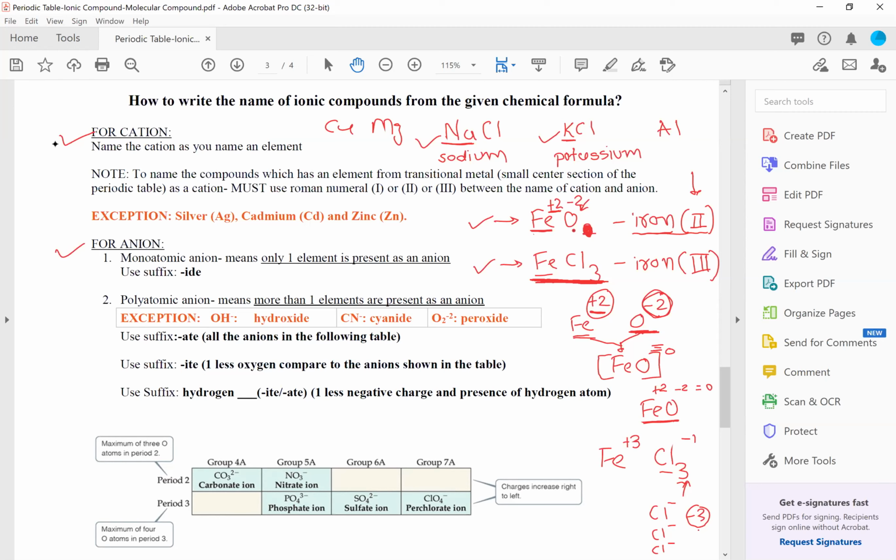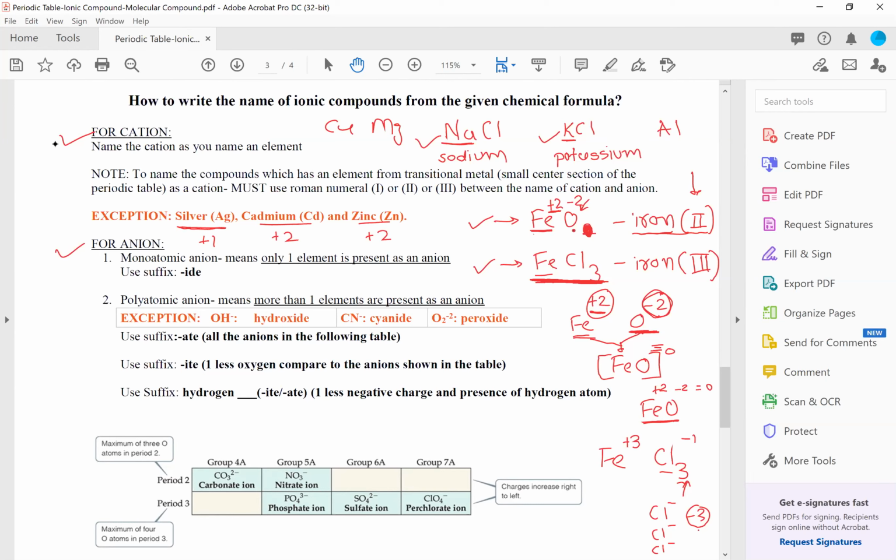Again, remember that, even though in the transition elements most of the time they can carry more than one charge, there are exceptions, which I mentioned yesterday. Silver is always carrying +1 charge. Cadmium is always going to carry +2 charge. Zinc is always going to carry +2 charge.